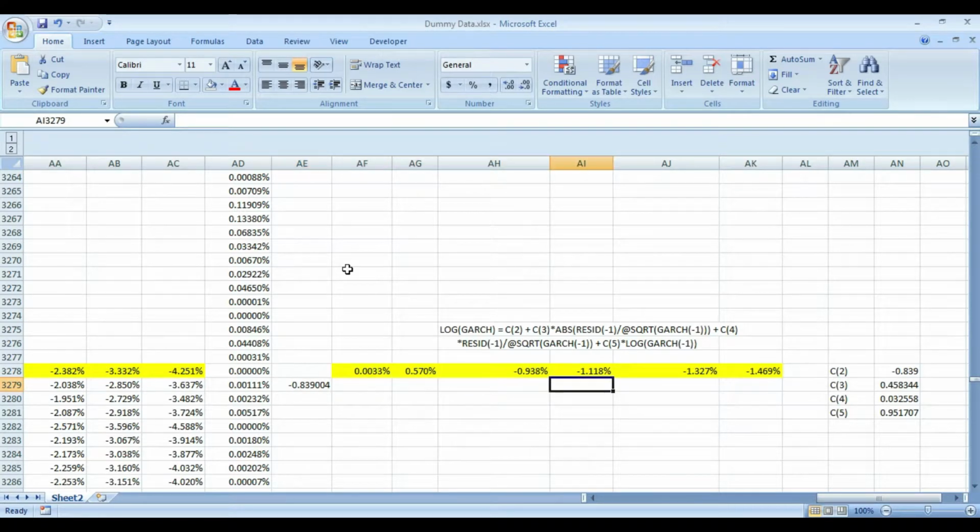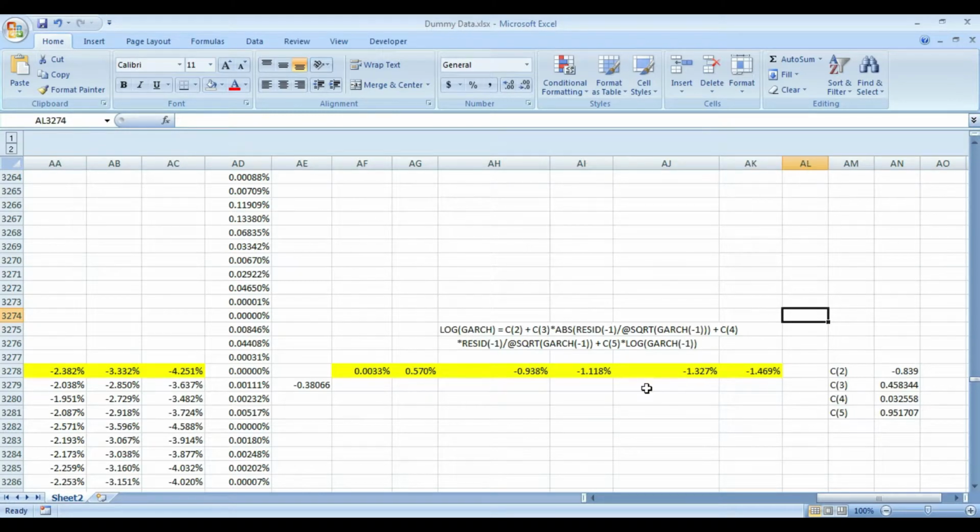Then it says plus C3. I'll copy C3. C3 is multiplied by the absolute of residual at t minus 1th data point divided by square root of GARCH at t minus 1th data point.